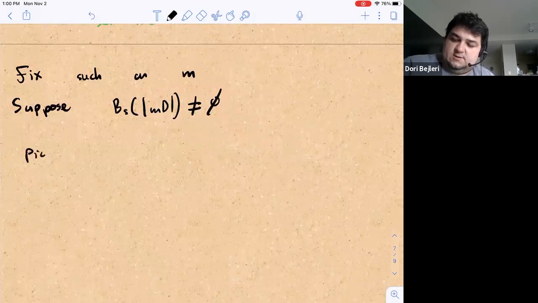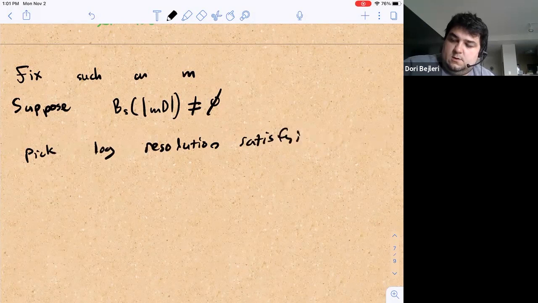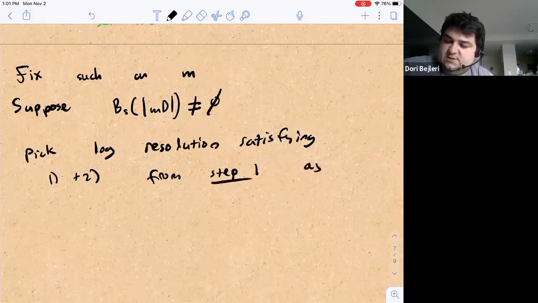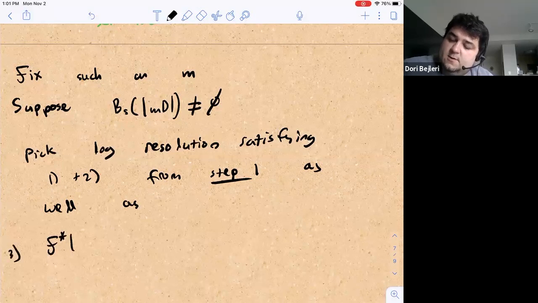So now we pick a log resolution satisfying what we wrote down above, 1 plus 2 from step 1, as well as this base point freeness condition. I'll call it 3.